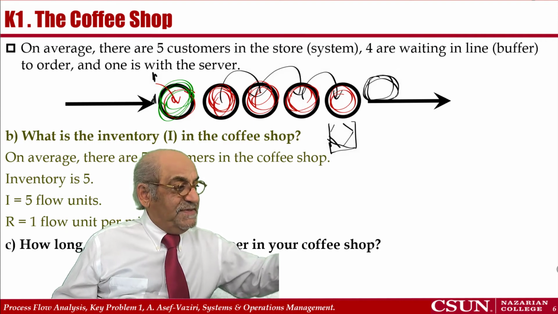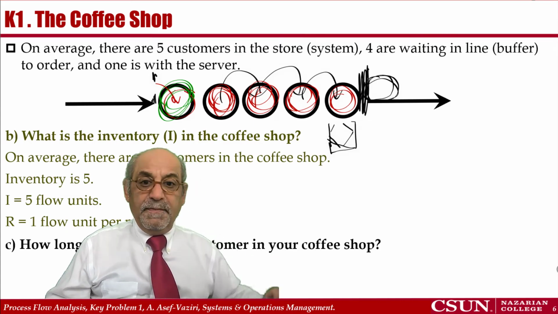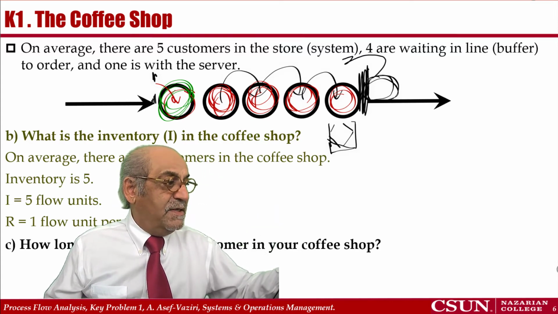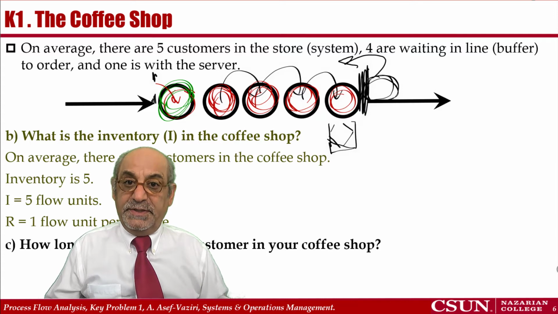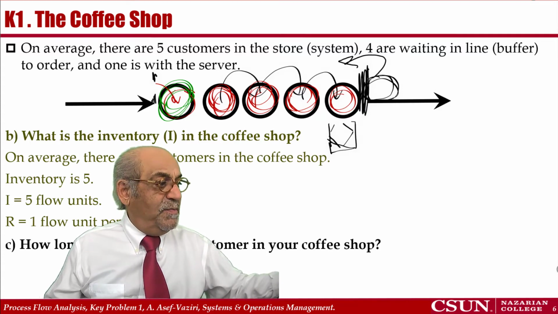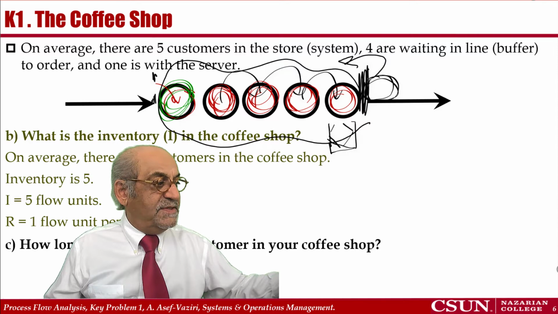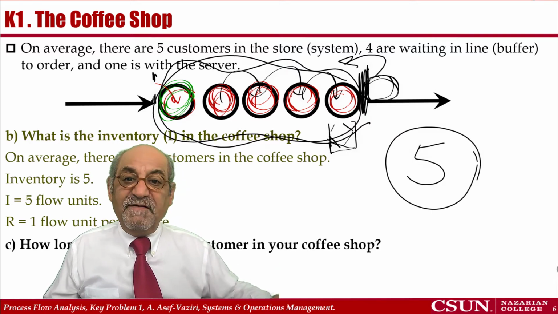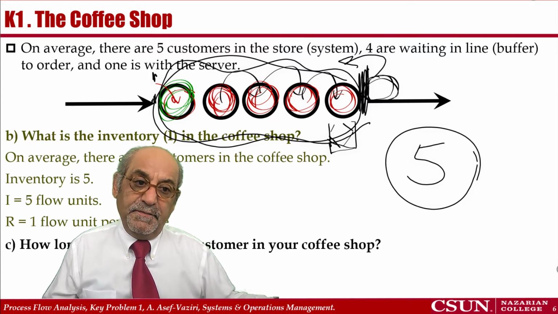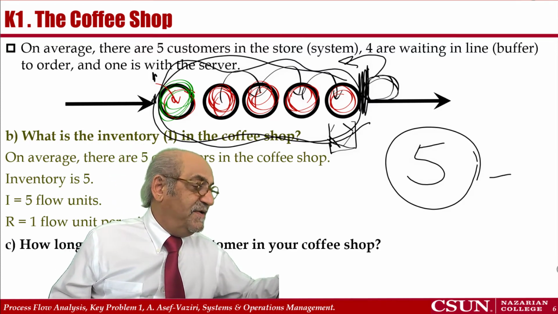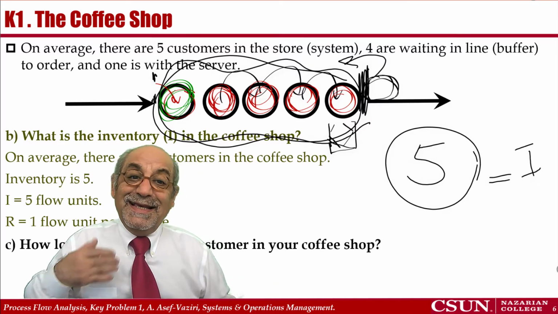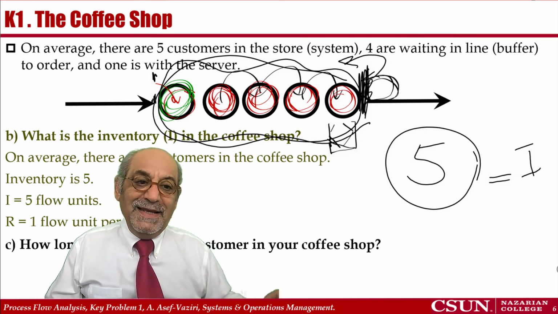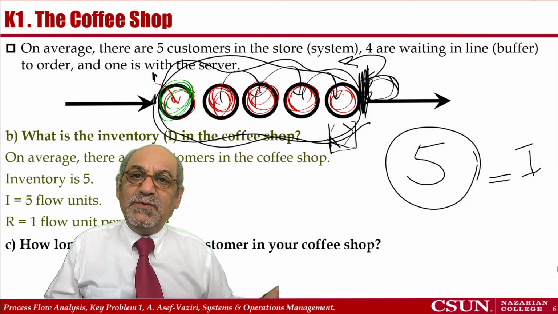So in the fraction of a second that this customer is going to leave the system, he looks back over his shoulder. How many people will he or she see here? 5. 5 people are there. That is inventory when this customer is leaving the system. These people came in at what rate?